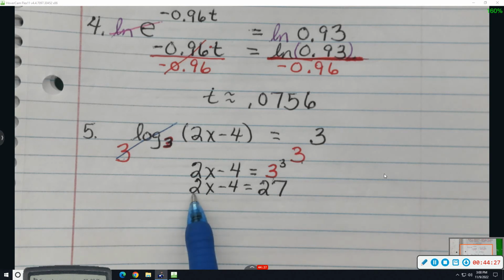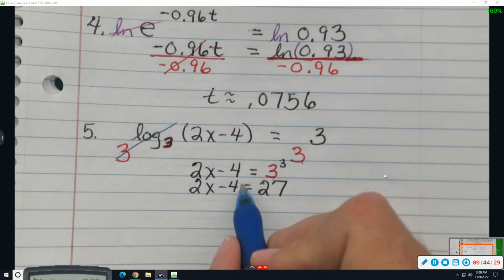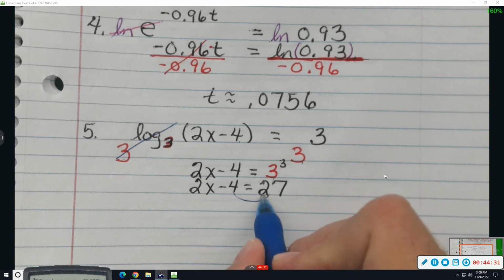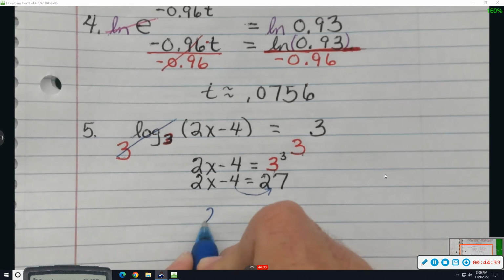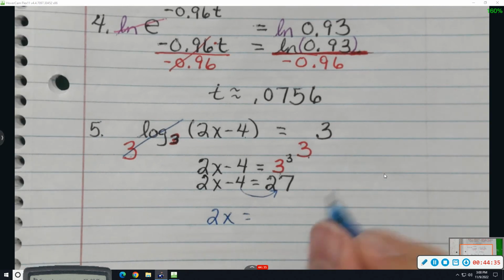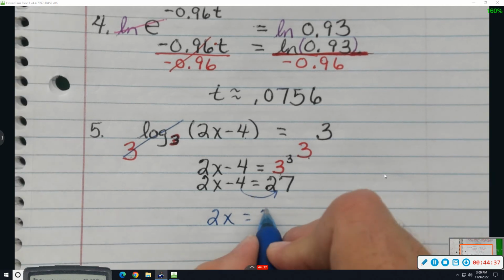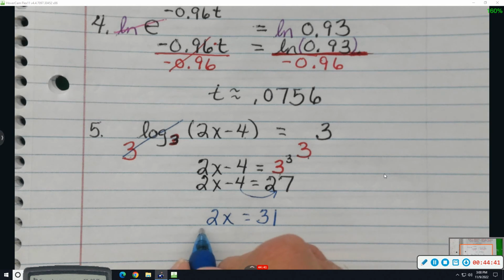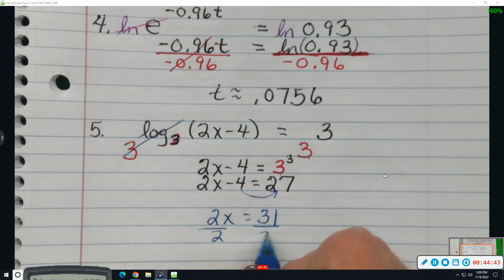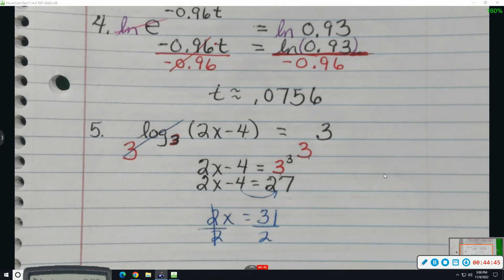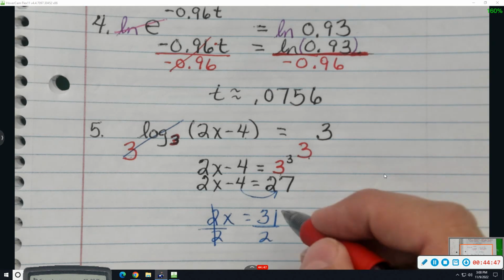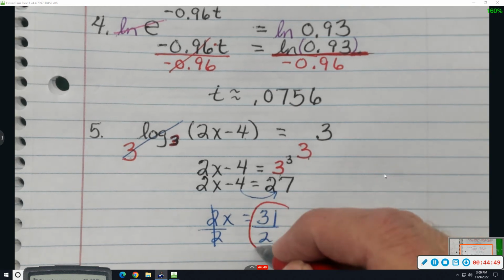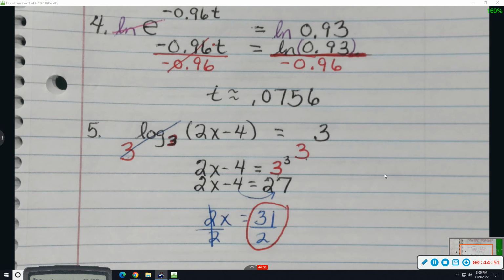Before I divide by 2, I need to add 4. So we have 2x equals 31. And divide both sides by 2 to get 31 over 2. 31 over 2.